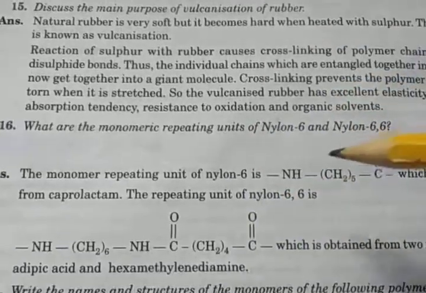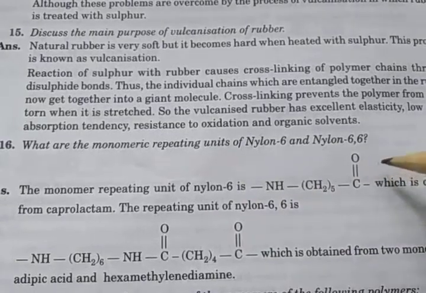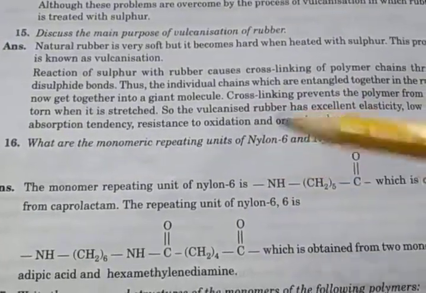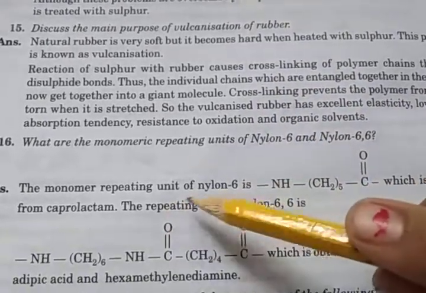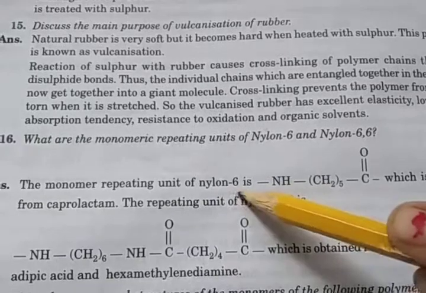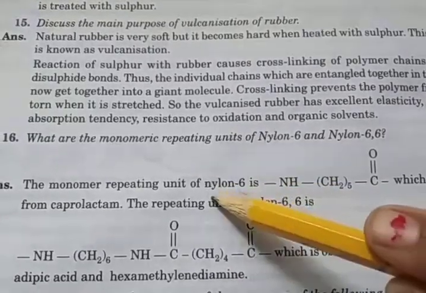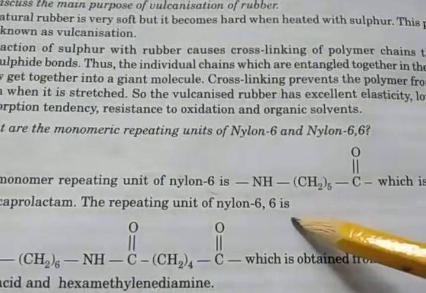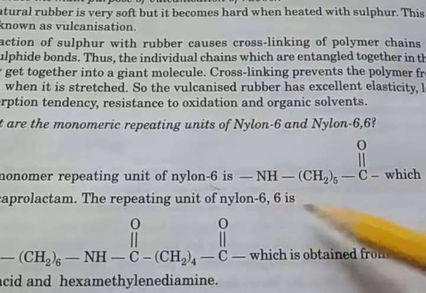Then question number 16: what are the monomeric repeating units of nylon 6 and nylon 66? This is already explained, but again: in nylon 6, the 6 means 6 carbons are present in the monomer unit. It uses caprolactam, NH(CH2)5CO attached in a ring, and these monomer units combine together to form nylon 6.